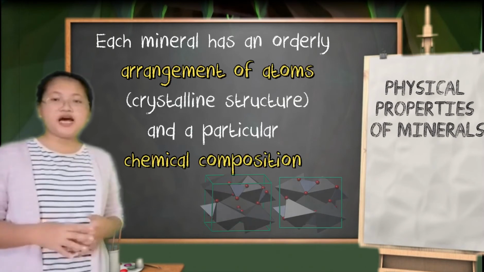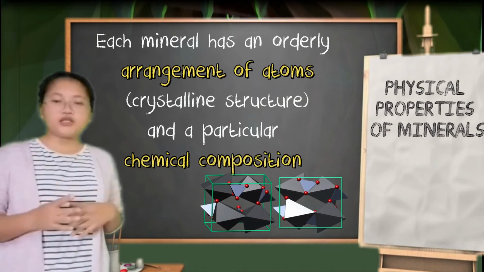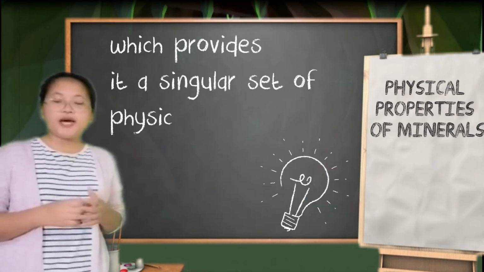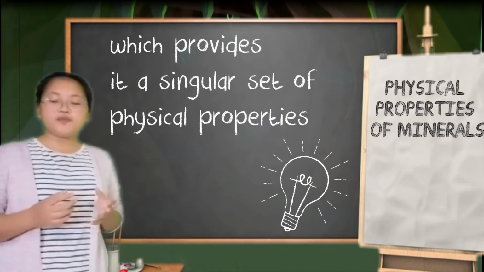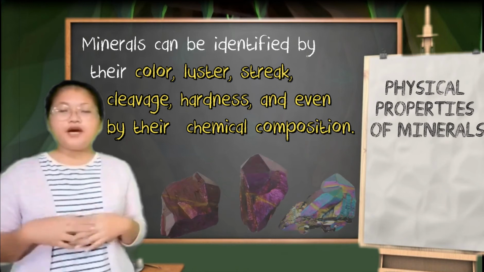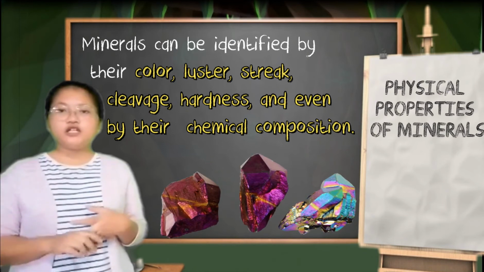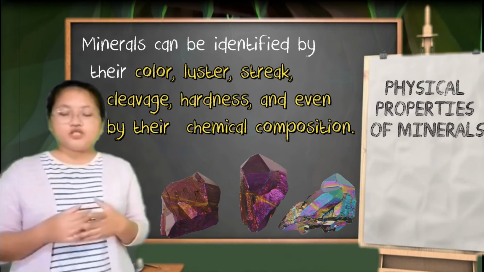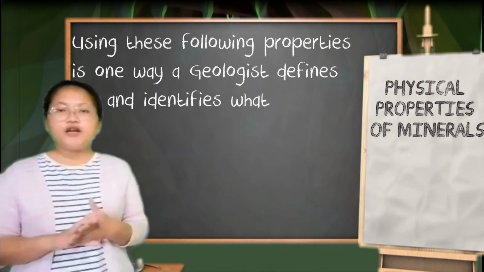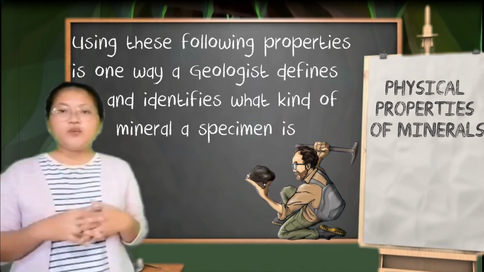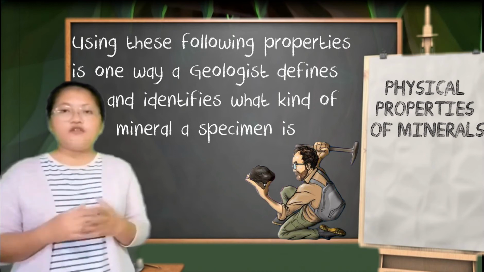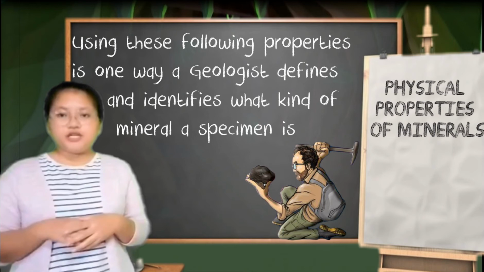Each mineral has an orderly arrangement of atoms and a particular chemical composition, which provides it a singular set of physical properties. Minerals can be identified by their color, luster, streak, cleavage, hardness, and even by their chemical composition. Using these following properties is one way a geologist defines and identifies what kind of mineral a specimen is.